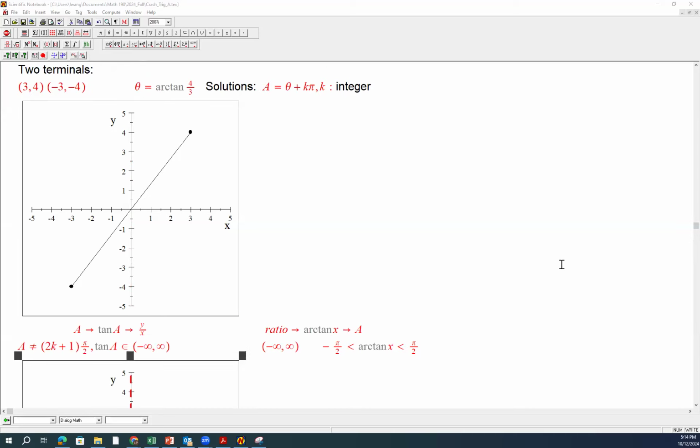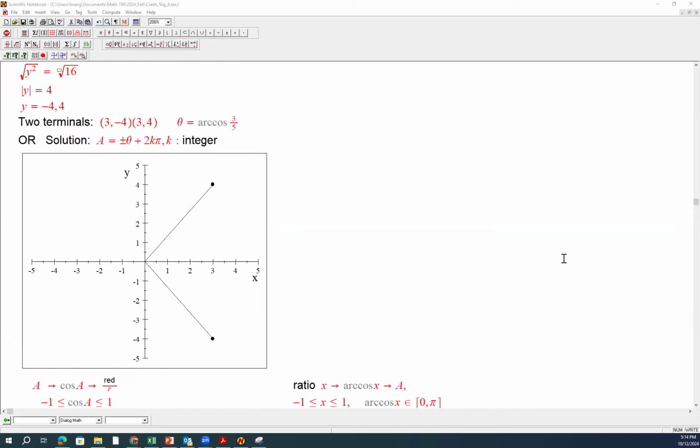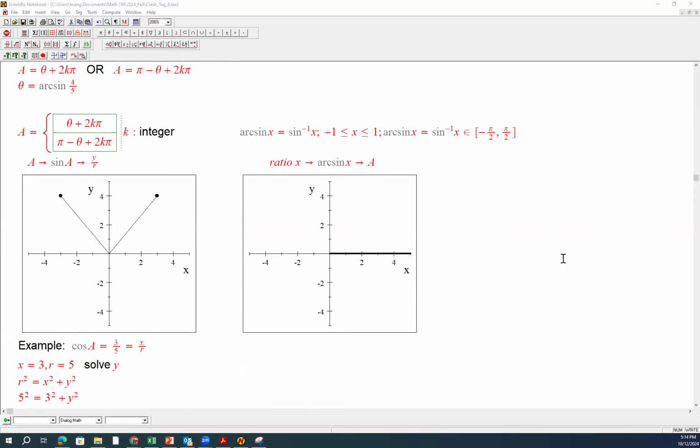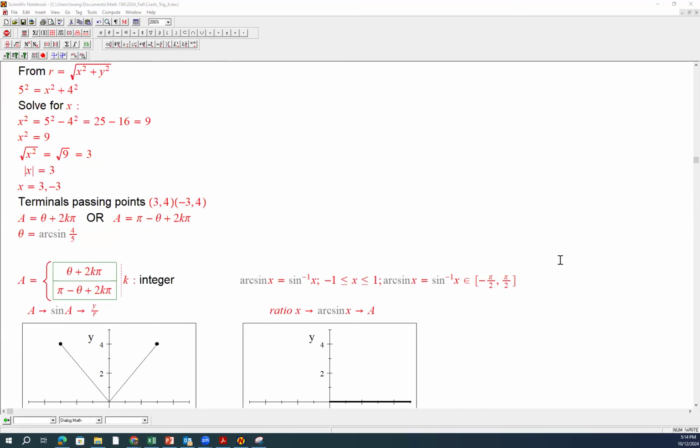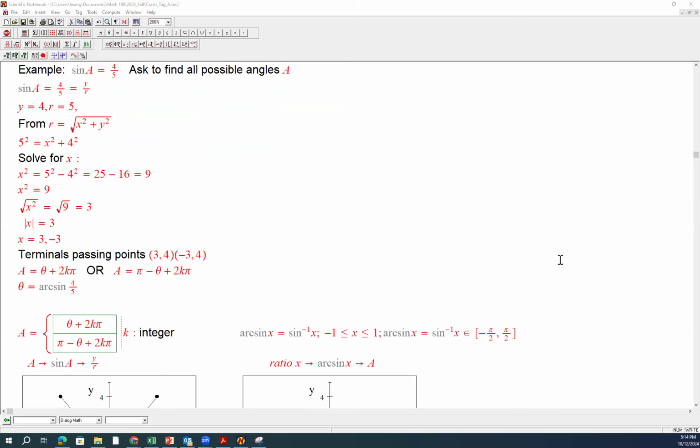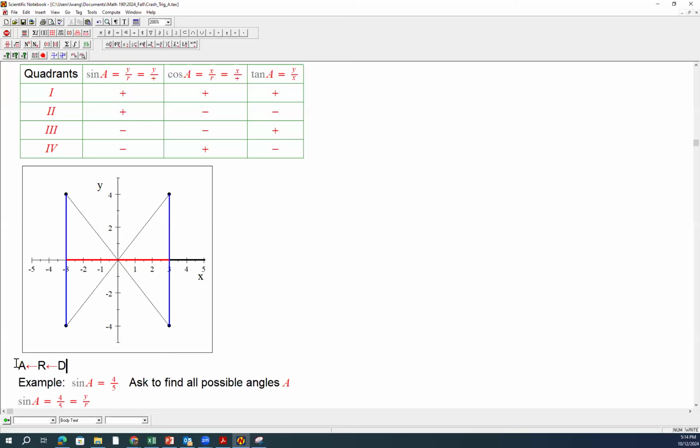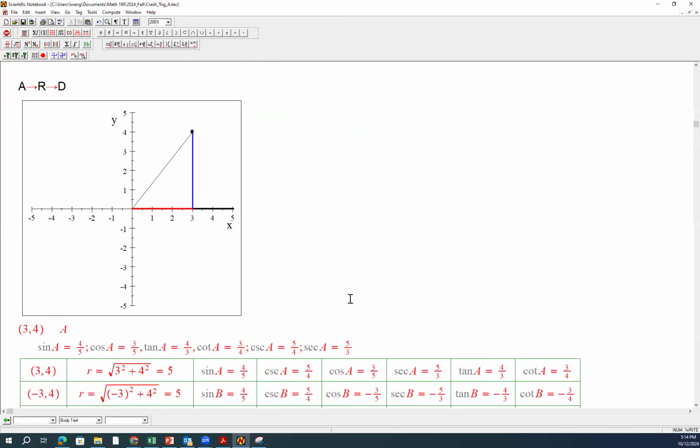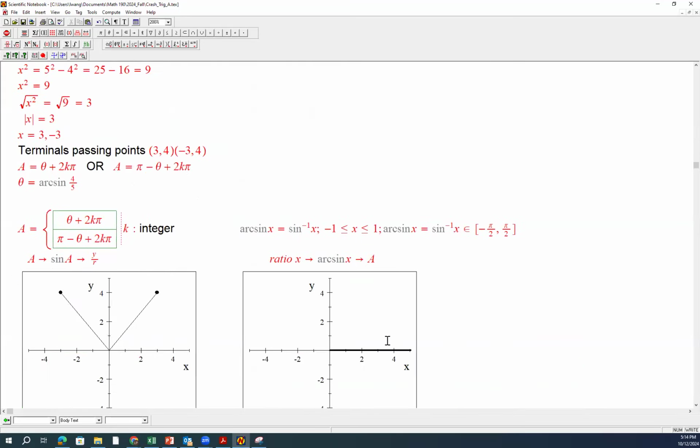You can see in all three examples from D to A, I hope you have a glimpse of it. We did A to D, and we also did D to A. Thank you for watching.